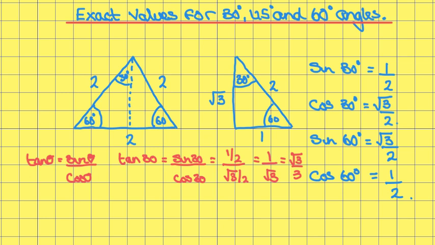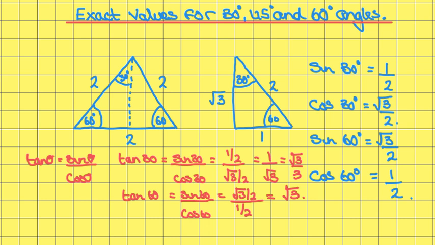Now let's do tan 60 degrees. So tan 60 is sine 60 over cos 60, which is equal to root 3 over 2 divided by a half, which is equal to root 3.